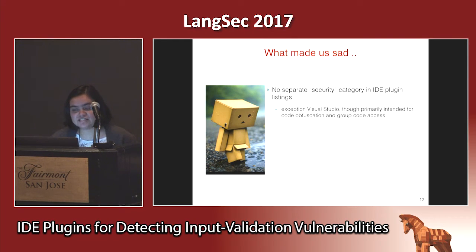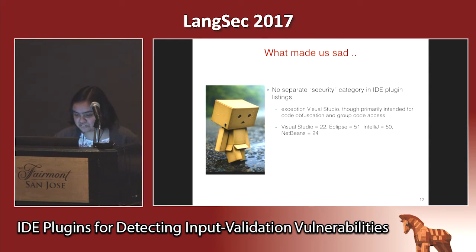It has a security category, but most of the plugins in that category are primarily for code obfuscation and group code access. It's not that Visual Studio has a lot of categories compared to others. Visual Studio has only 22 categories, compared to Eclipse with 51, IntelliJ with 50, and NetBeans with 24, but none of them were specific to security tools.